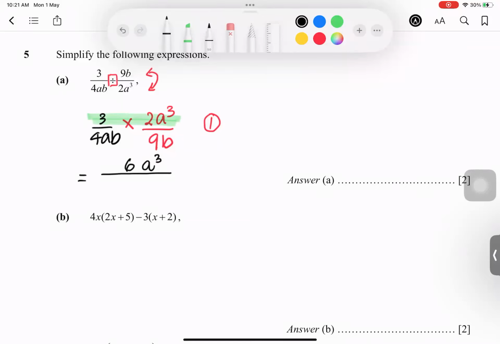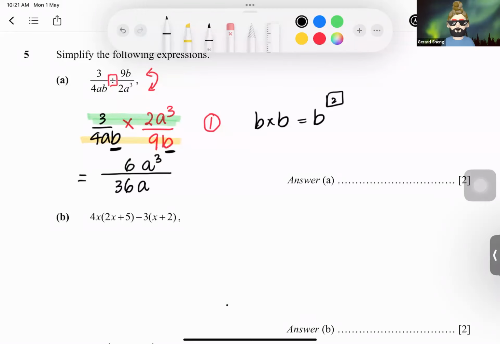Then we multiply our denominators together. 4ab times 9. 4 times 9, 36. a. b times b. B to the power of how many? 2. Very good. b squared.